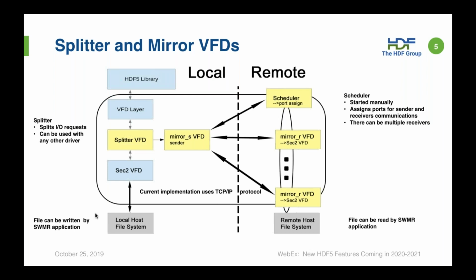Now on file open, the sender will contact the scheduler on the target remote system, which will create a receiver process which handles all of the communications. Then what happens is the HDF5 library does writes. In addition to being sent down to a local file system, they will also be relayed across to the remote system, which will then perform those writes with whatever VFD is selected on that side.